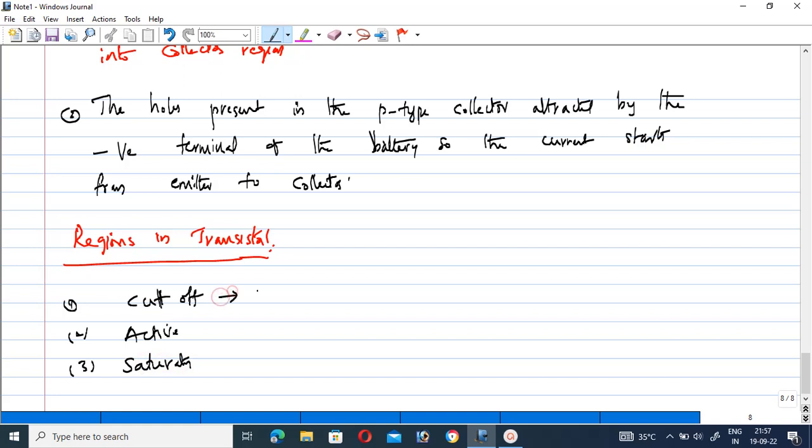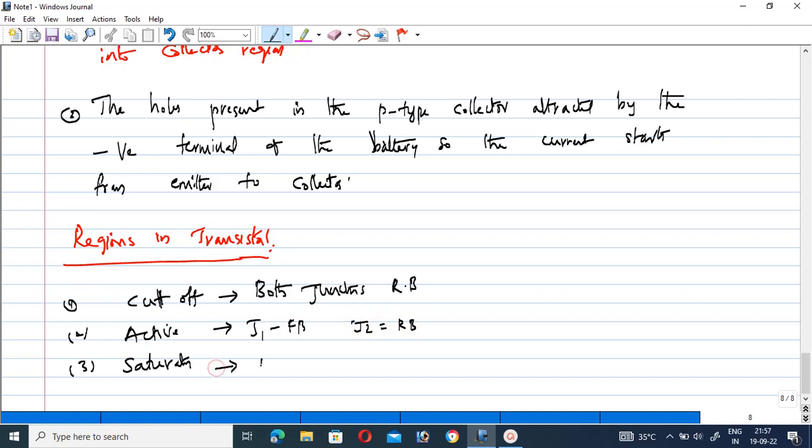Okay, cutoff region means that both junctions are reverse bias. In the active region, if you take the first junction as J1, that is forward bias, and junction 2, J2, is in reverse bias.